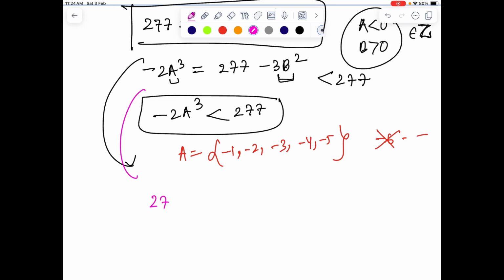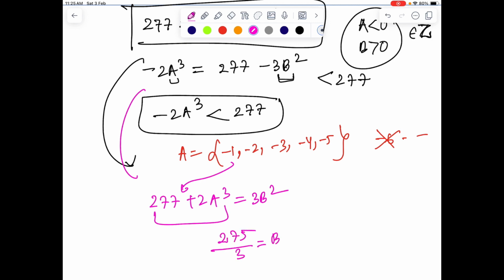Now all that we need to do is filter the values, because we know 277 plus 2a cube must be equal to 3b square. So we have to make sure for these values it is 3 times some perfect square. If I keep a equals minus 1, that gives me 275 by 3 equals b square. Clearly this is not an integer, so there is no possible value.